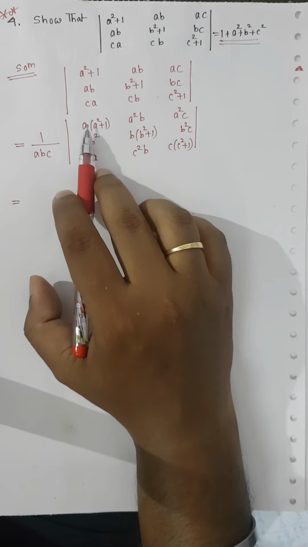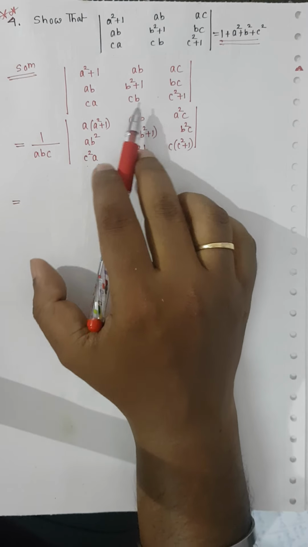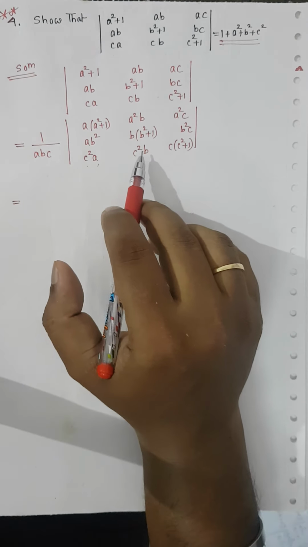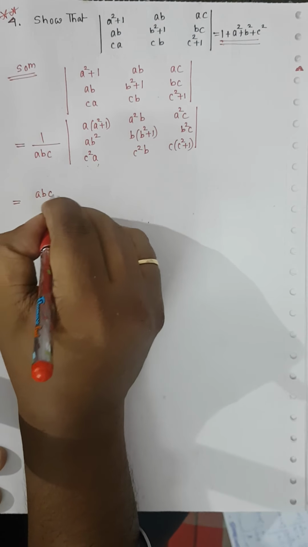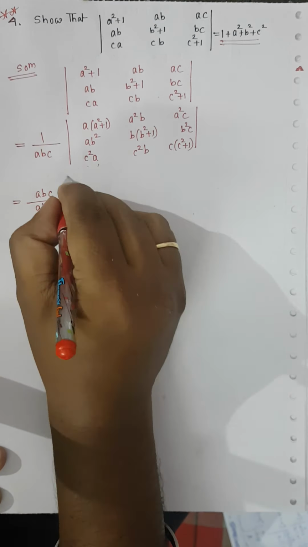Now from column 1 I can take common a, from column 2 take common b, from column 3 take common c. It will be abc by abc.